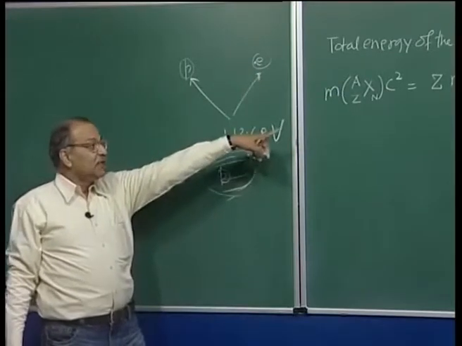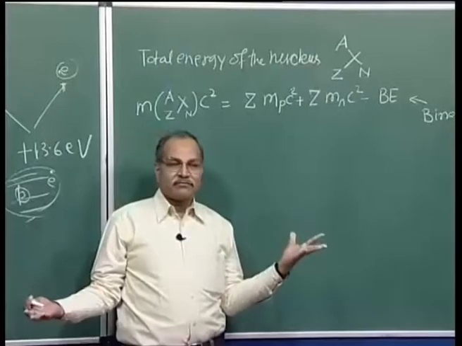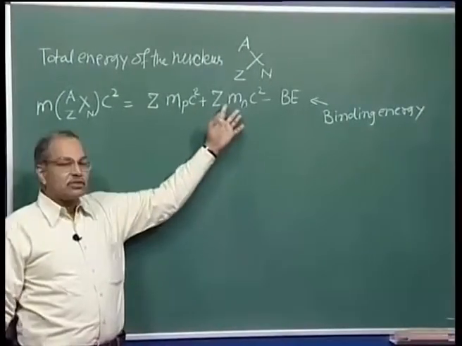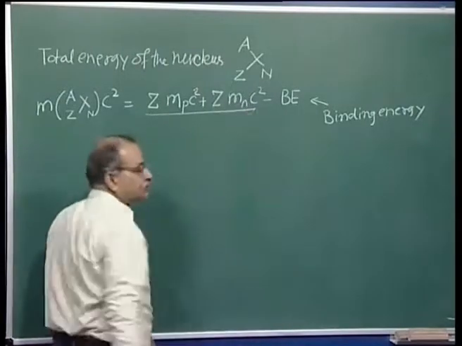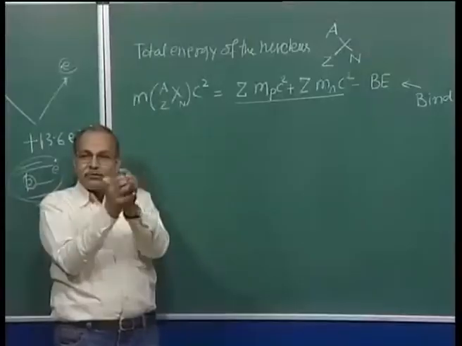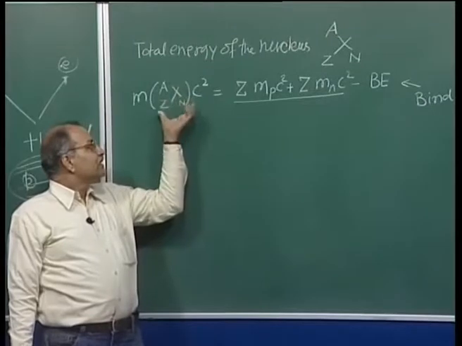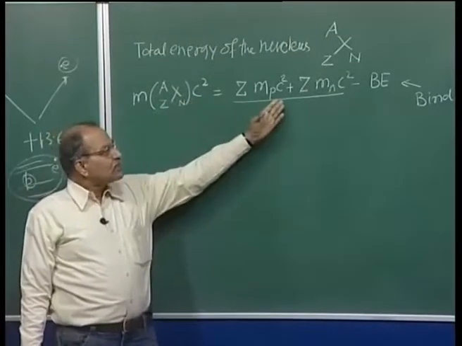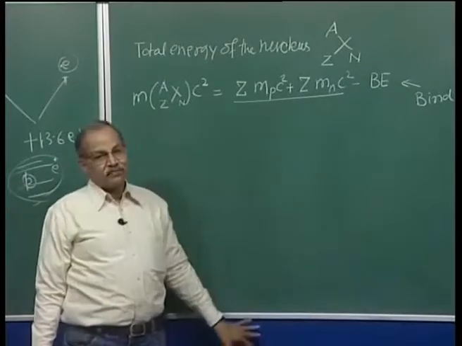Similarly, here you have Z protons. So, if they are all separate from each other and N neutrons all separate from each other, then this is the energy. And the energy of this nucleus, when they are all bound by those nuclear forces and Coulomb forces and everything, that energy will be smaller than this energy by this much, this binding energy.